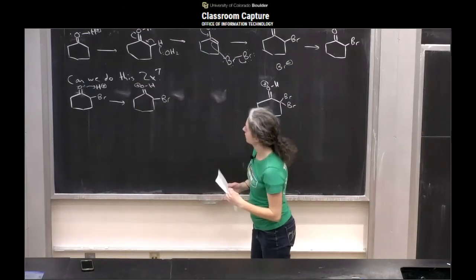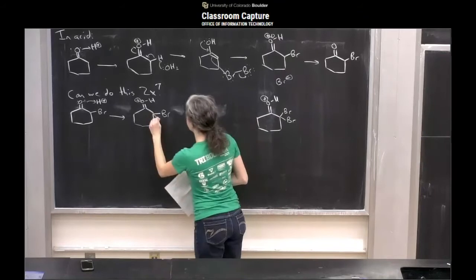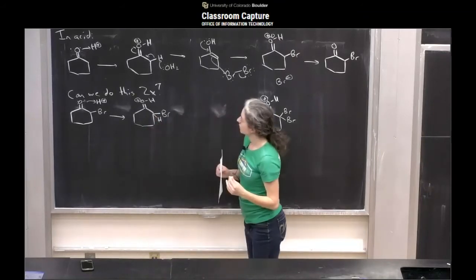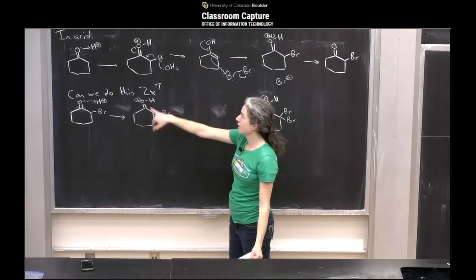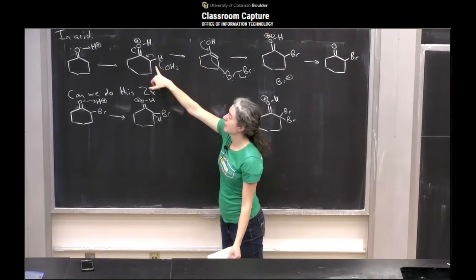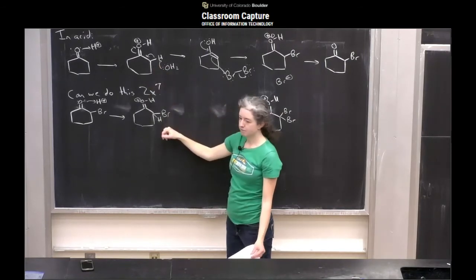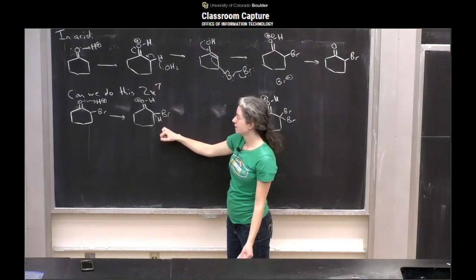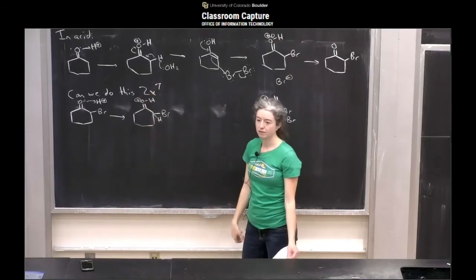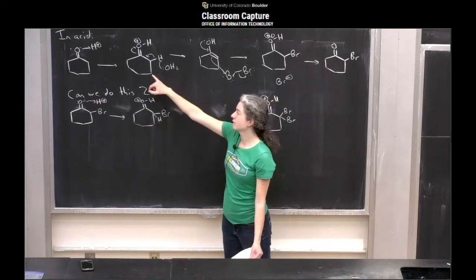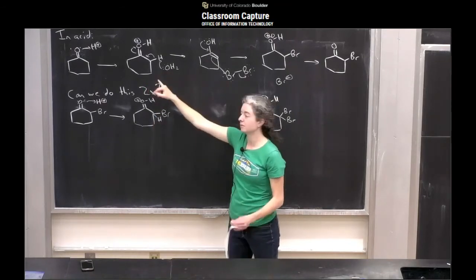Okay. So this version with one bromine already on there versus this version that doesn't have any bromines on there, based on what we know of bromine's electron withdrawing effects, top or bottom, which one's going to be more stable? Top, yep.